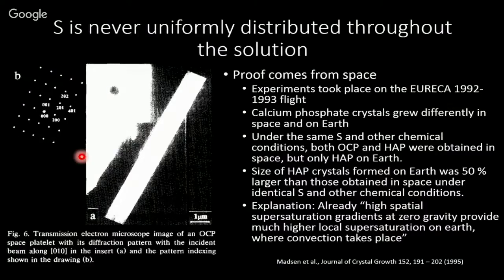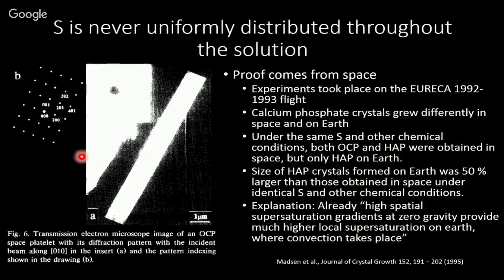So this is another point, going back to the supersaturation thing, and a proof came from space. I mentioned it yesterday: it was realized that when you run a precipitation reaction under zero gravity, the crystals are very different. That's actually an intrinsic proof that supersaturation is not uniformly distributed.